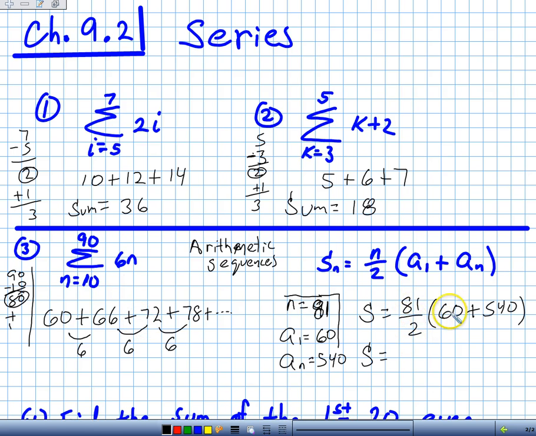Okay, so we go 81 divided by 2, or 40.5, times 540 plus 60, that is 600. And the answer should be 24,300.